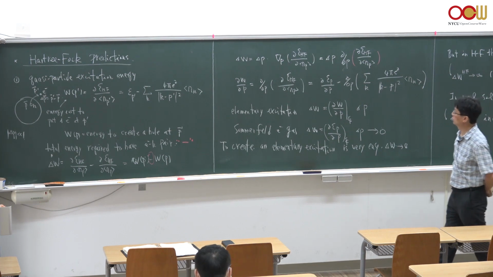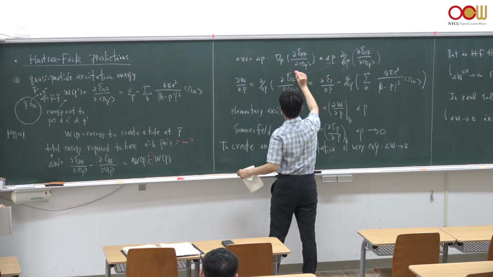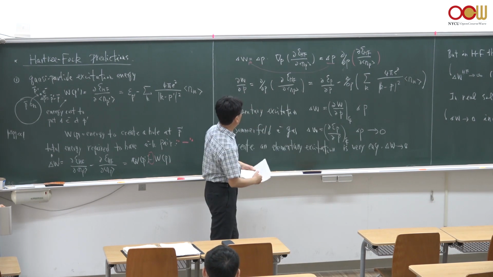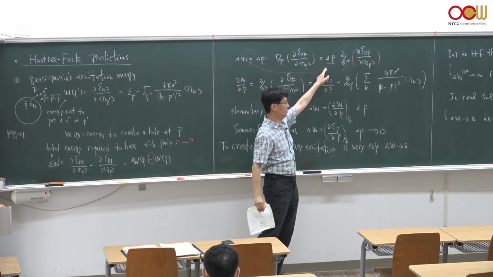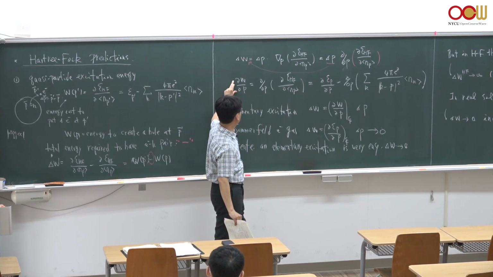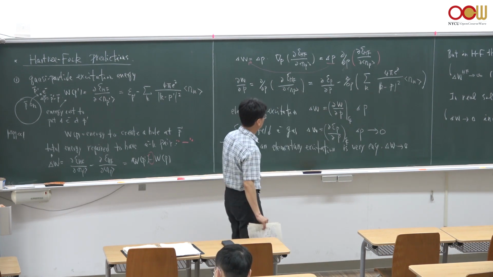Okay, so if you simply move this delta P to the left of this equation and take the limit where delta P goes to 0, so that this is the derivative of this energy with respect to momentum, which is given by this result.